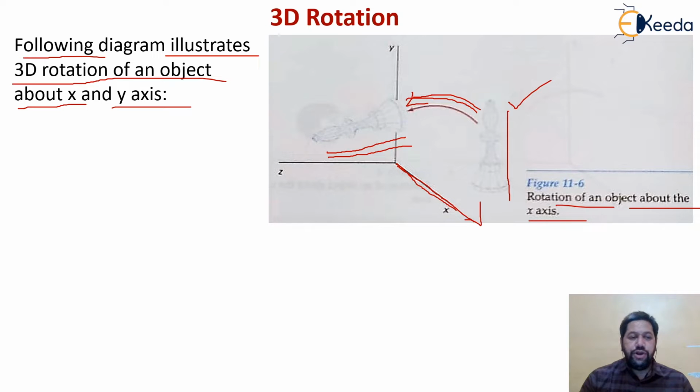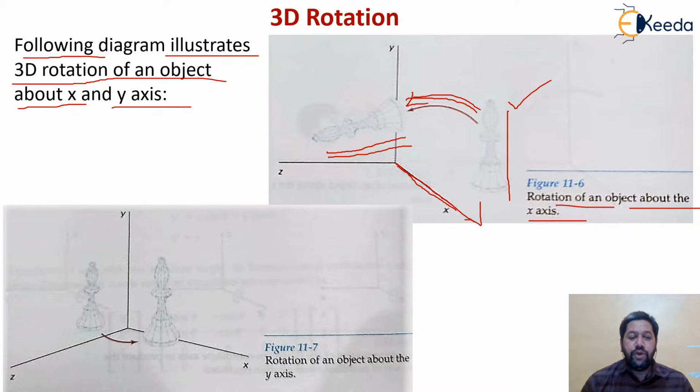Now just consider the y-axis and how the object will look. That's why I have this particular diagram. This diagram shows the rotation of an object about the y-axis. This is my y-axis. Assume this was my original object.